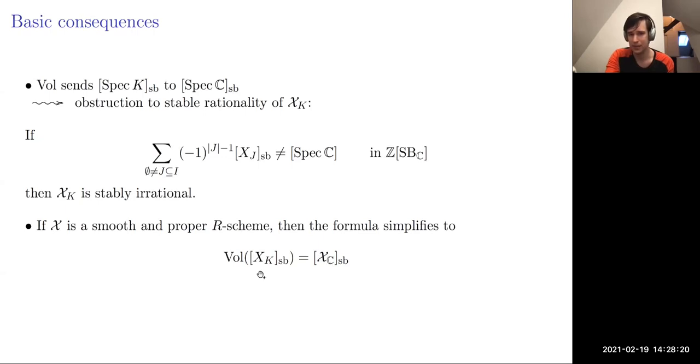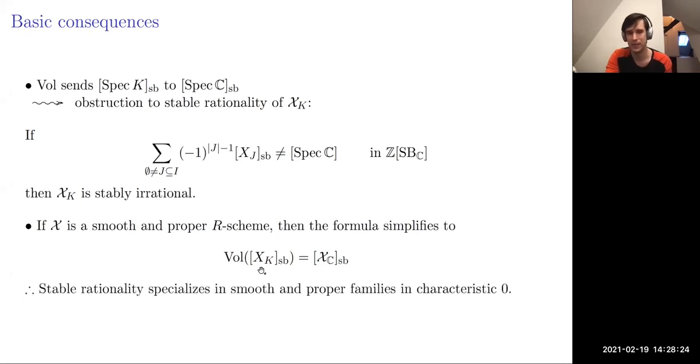And then the conclusion is that stable rationality specializes in smooth and proper families in characteristic 0. So if you have a family of rational varieties and everything is smooth, then the limit will also be rational. A priori, this is not obvious at all, and it was in fact a very long-standing conjecture.